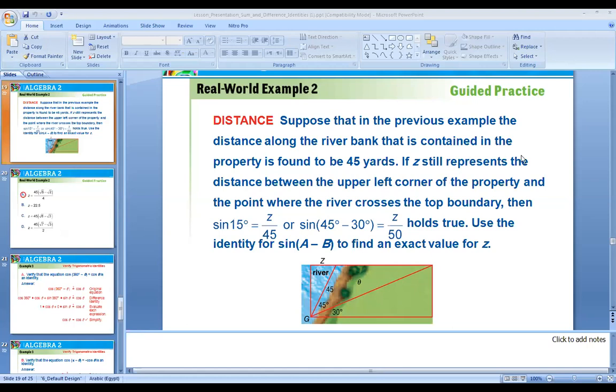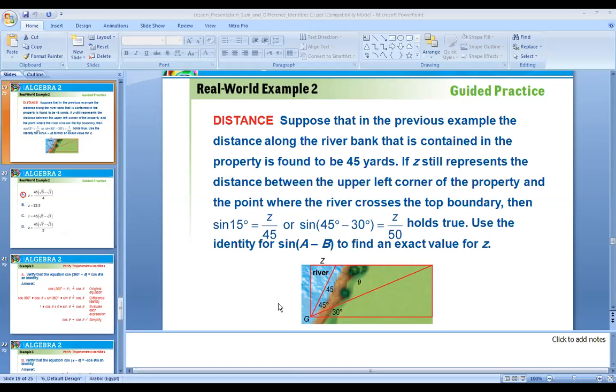If z represents the distance between the upper left corner of the property and the point where the river crosses the top bound, then sine 15 equals z over 50, or sine of 45 minus 30 equals z over 50 holds true. Use the identity of sine a minus b to find the exact value of z. So we need to use the difference identity for sine to get the value of z.